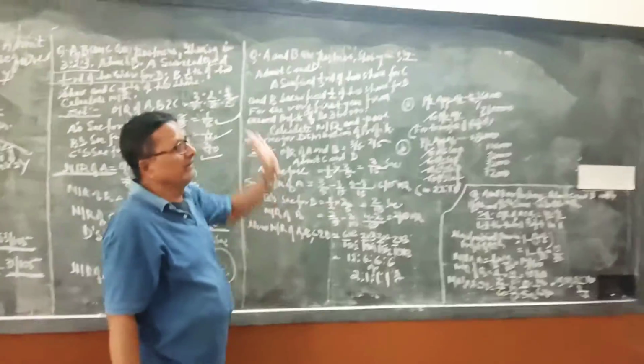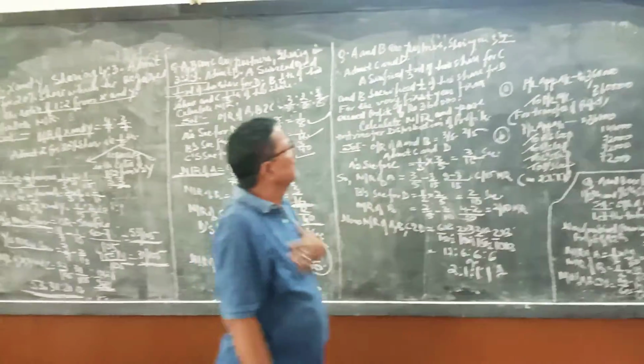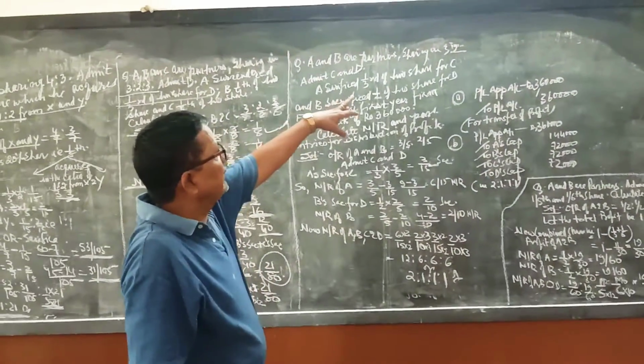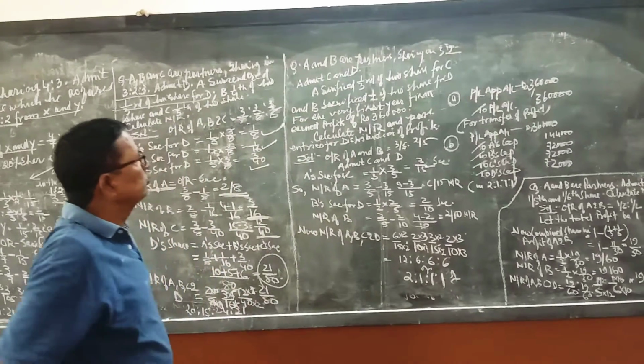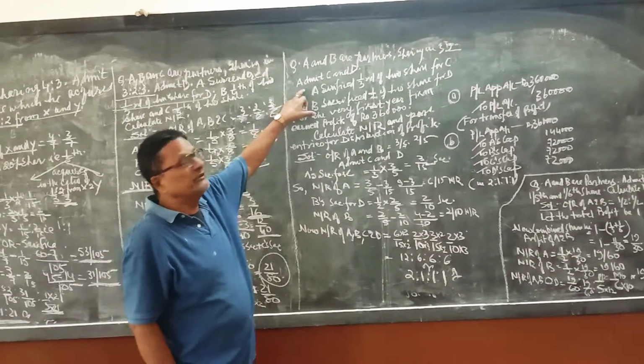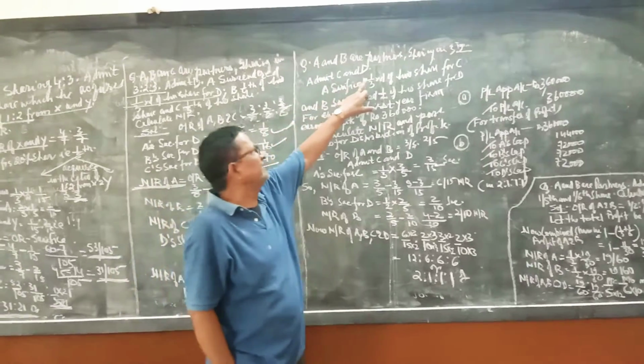A and B are partners sharing profits in the ratio of 3:2. They admit two partners, C and D, at a time.